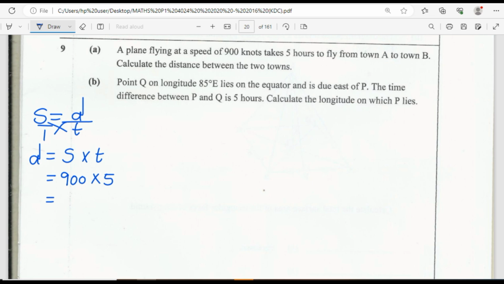Whenever you are multiplying a number that has zeros with a number without zeros, our focus is just to multiply 9 times 5, which gives us 45. Then you add the zeros. And whenever you are calculating the distance, when the speed is in knots, your distance should be in nautical miles.